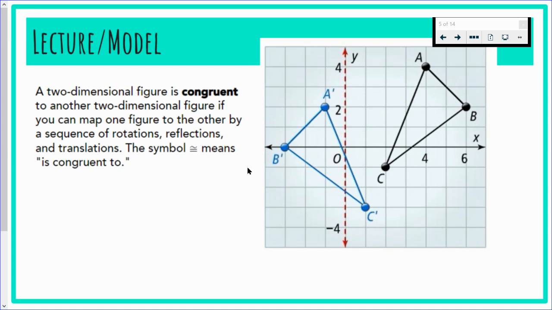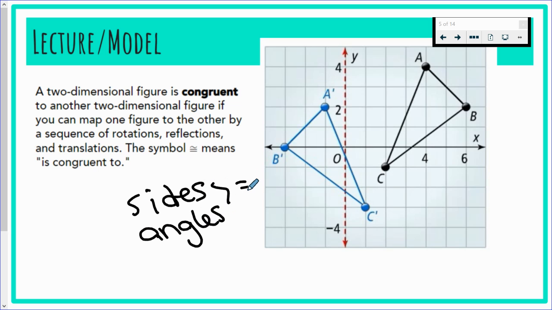All right, so two figures are congruent if you can map one figure onto another by either reflections or translations or rotations. Those all form congruent figures. And we know that congruent means that all sides and all angles are equal.